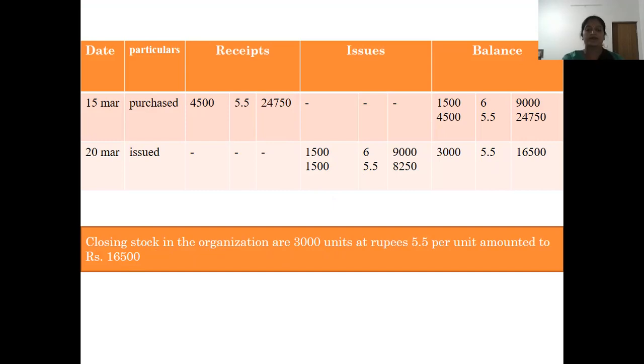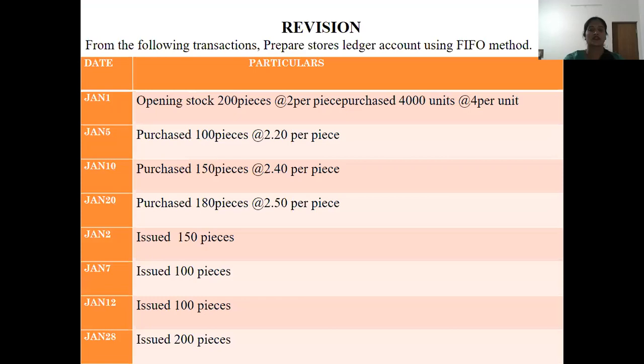Okay. Now let us go to the next problem. See here. From the following transactions, prepare stores ledger account using the FIFO method. January 1st, opening stock 200 pieces at 2 per piece purchase rate.